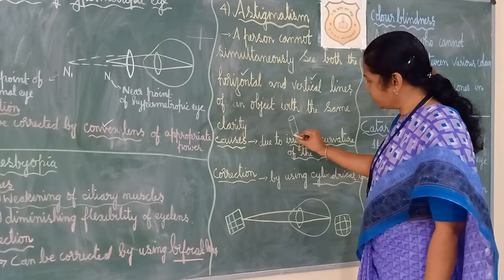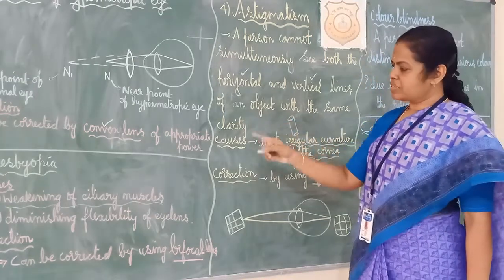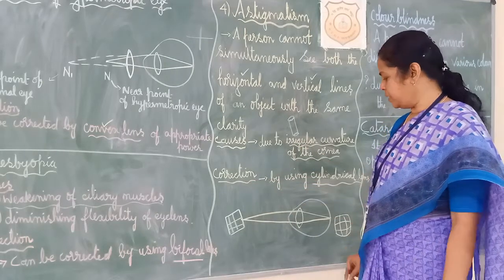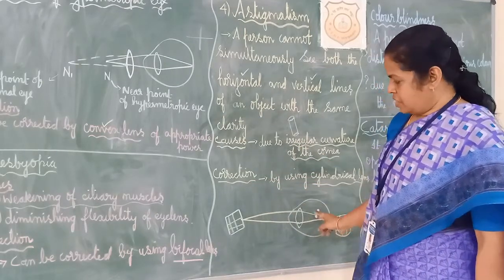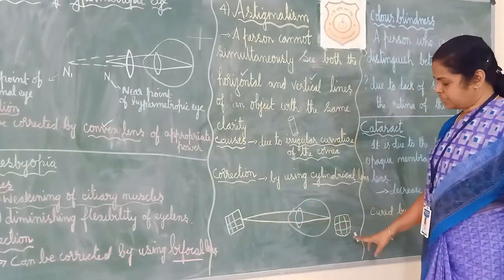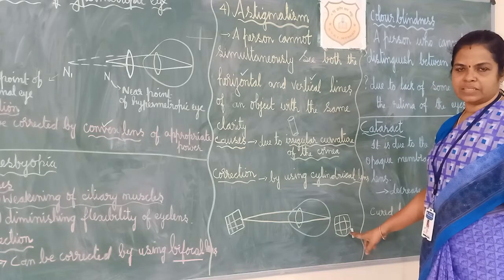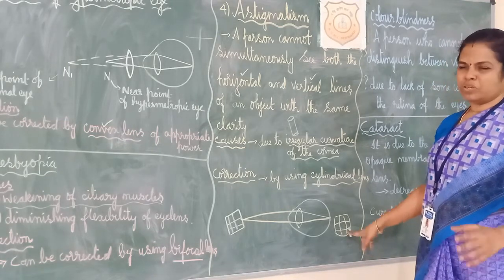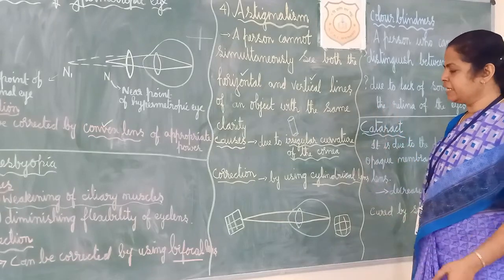Cylindrical lens. Okay, we have studied concave lens, convex lens and bifocal lens. This is a cylindrical lens. See, for example, this is our eye. If you are seeing an object like this, an astigmatic person will get the image like this in his retina. So they will not be able to see the lines clearly, vertical lines and this one.